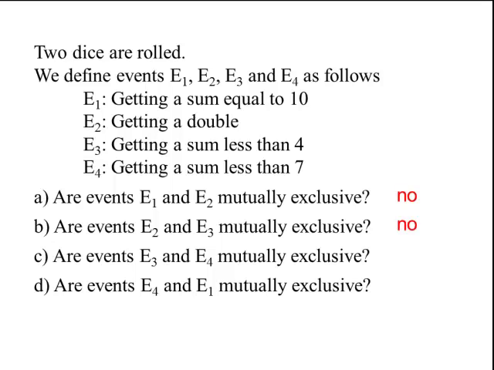B is no also. You can get a 1 and a 1. That's a double, and that sum is less than 4. Events 3 and 4 are not mutually exclusive because they can happen at the same time. You can get a 1 and a 2. And then D is yes, they are mutually exclusive because you cannot get a sum equal to 10 and at the same time be less than a sum of 7.